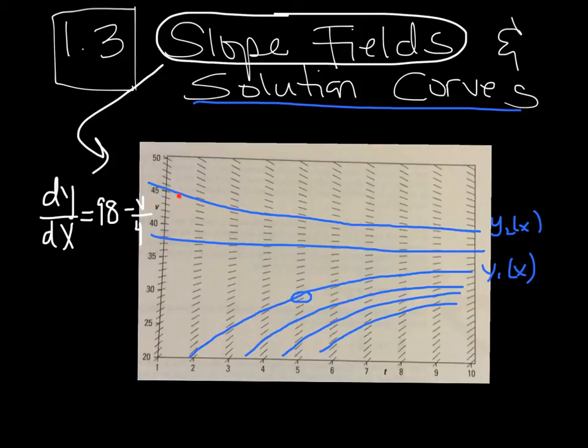So again, direction field, slope field, the differential equation is represented by this field of tiny slopes at specific points, and the solution curve, you're solving for your formula, is going to be these curves, these solution curves, or sometimes called integral curves because you are integrating, hence the name.